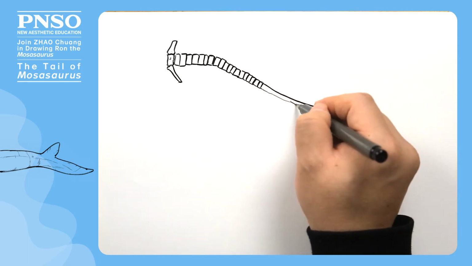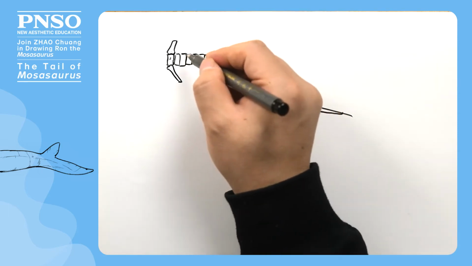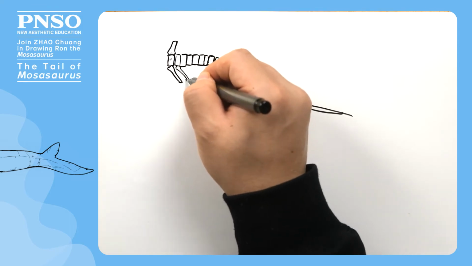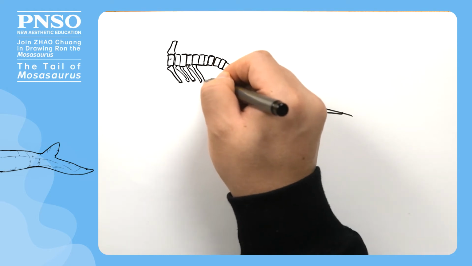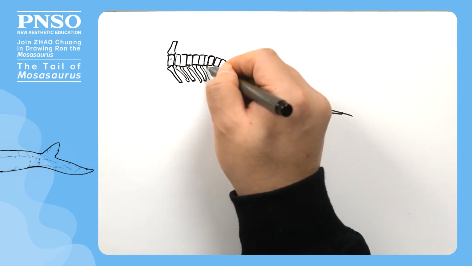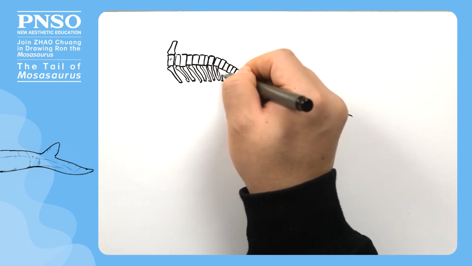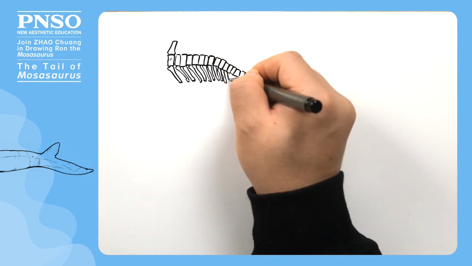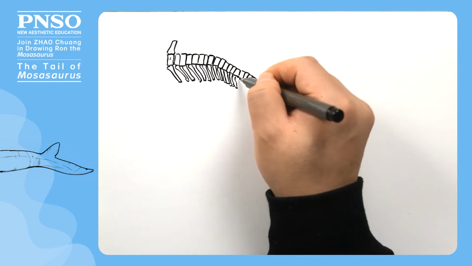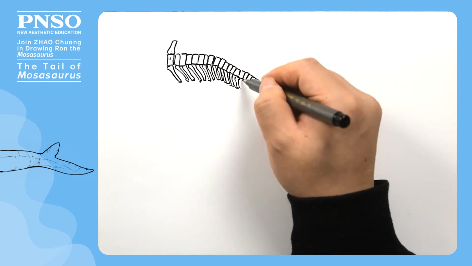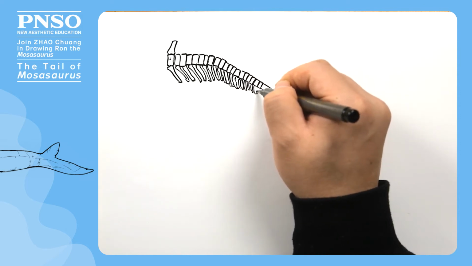They formed a curve like this, so were the chevrons. As moving towards the tail end, these chevrons became smaller and smaller.